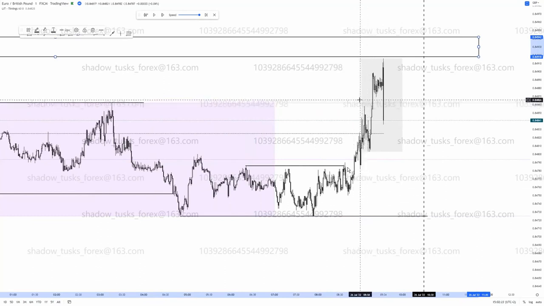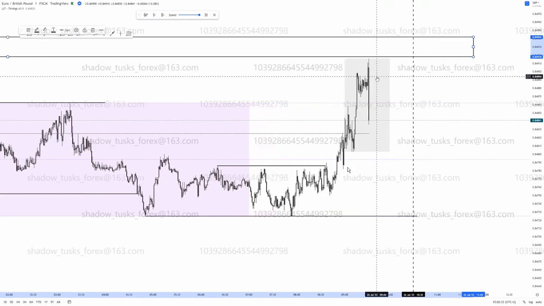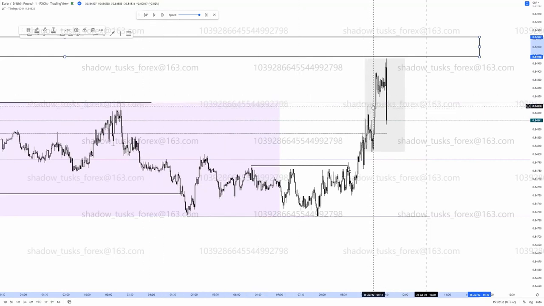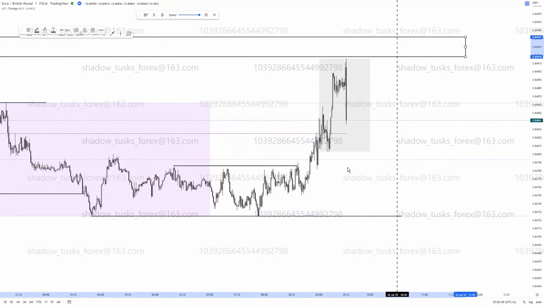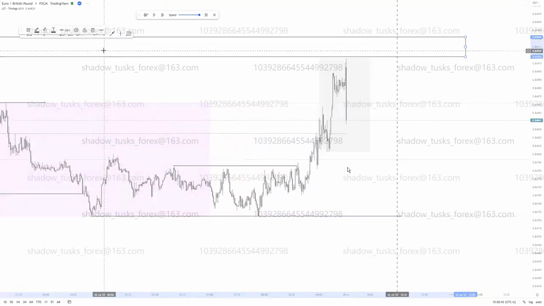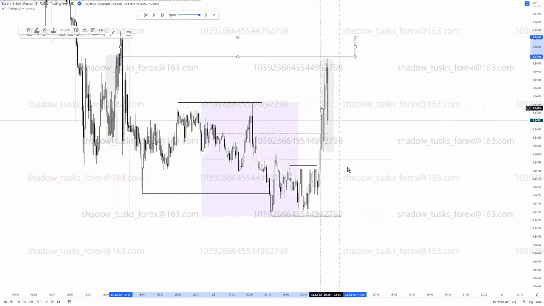Again, very important, the false reaction, because what it does is it shows you where people have been tricked into entering, basically. They've been tricked here because they've shown the liquidity. If you look on M5, it's a bit more obvious. This was just a huge reaction.